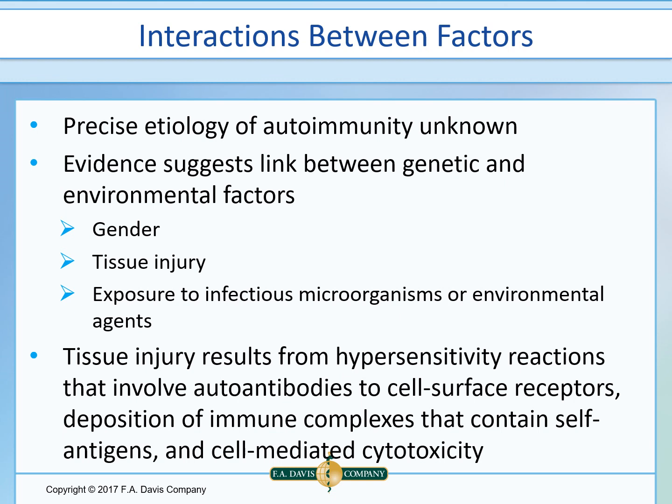So as was seen on the previous slide, various factors can affect autoimmune development. So gender of the individual, tissue injury, and exposure to infectious organisms or environmental agents are all believed to have significant effects on the immune system that, in effect, trigger autoimmune responses in susceptible individuals.